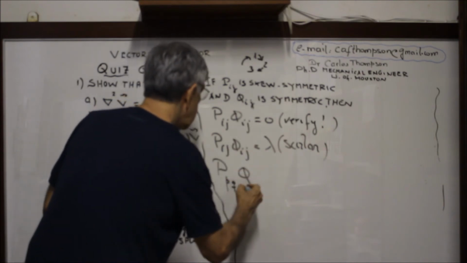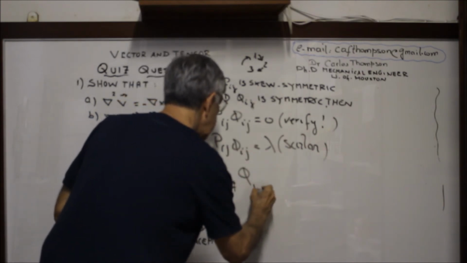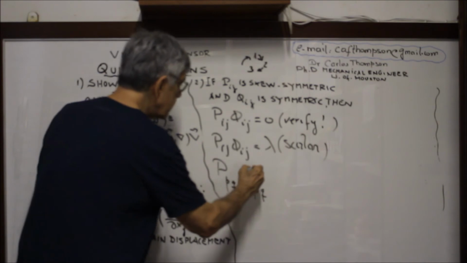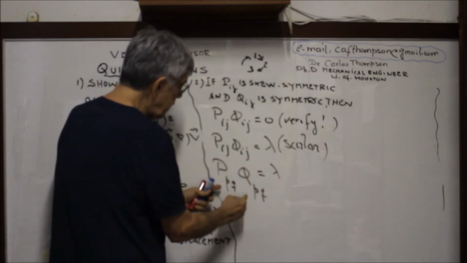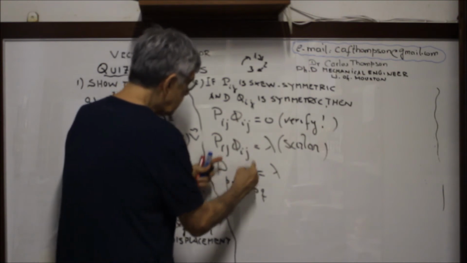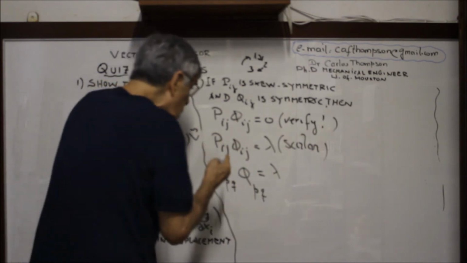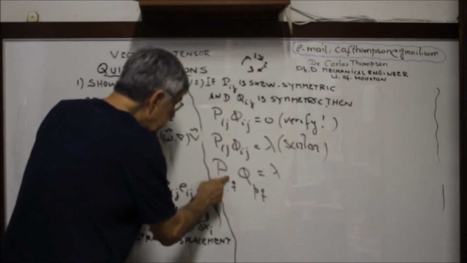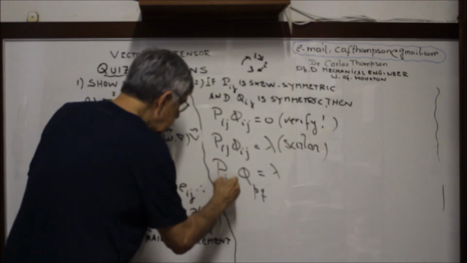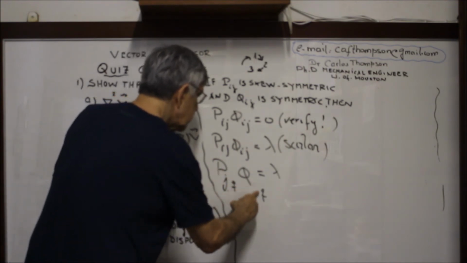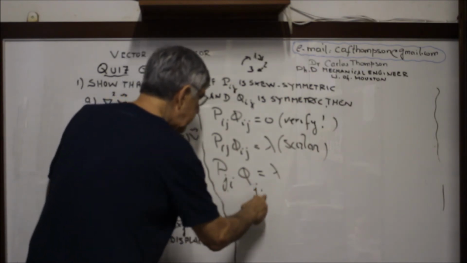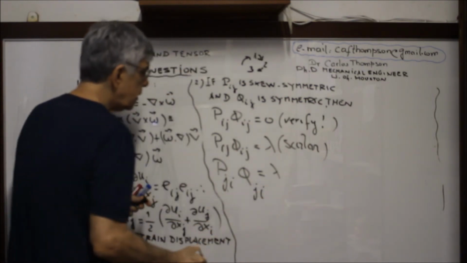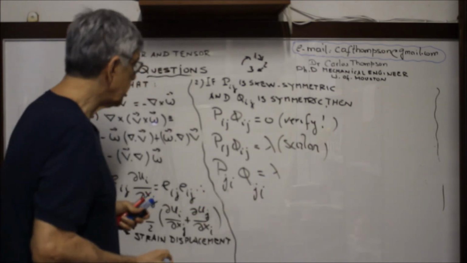You see the same lambda, because i is dummy, p is dummy, j is dummy, q is dummy. So I can put here j, and also i and i. So this is equal to lambda.